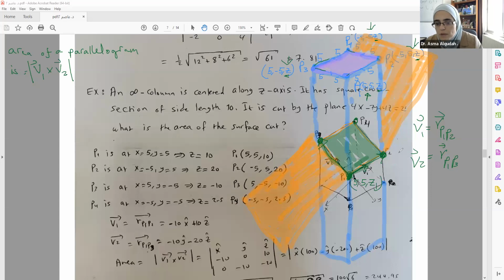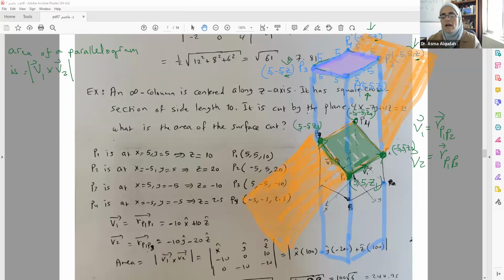For P2, we have -5, 5, and Z2. For P4, we have -5, -5, Z4. And for P3, we have 5, -5, and Z3.